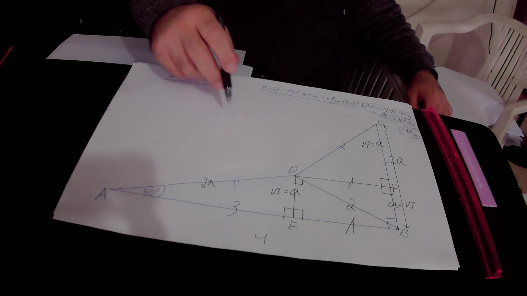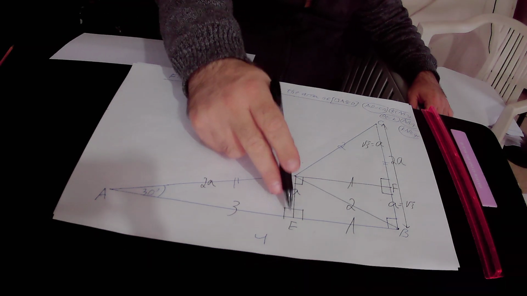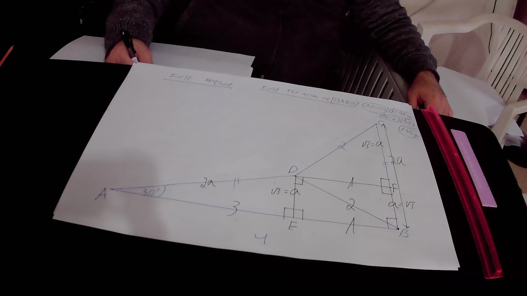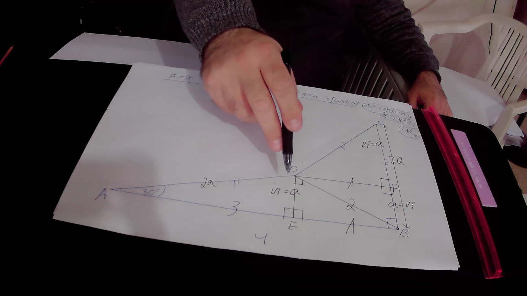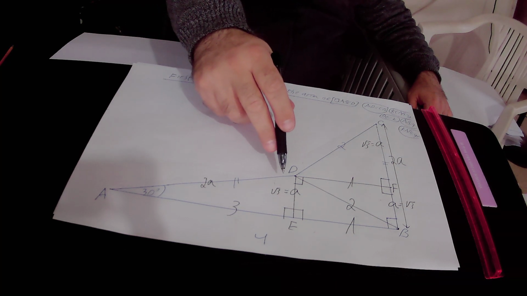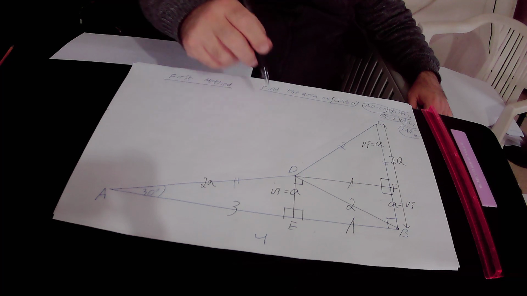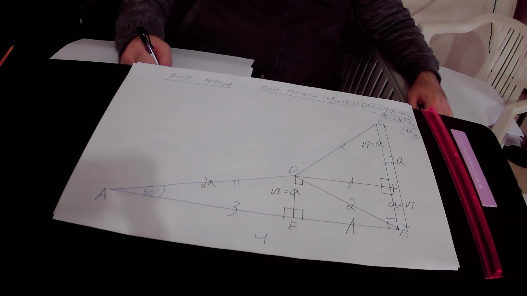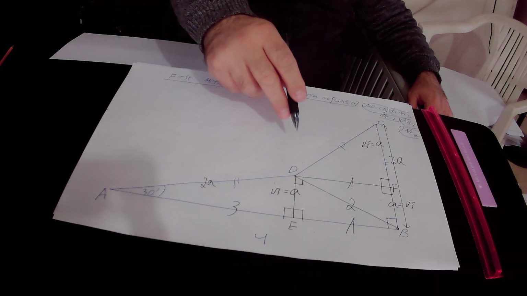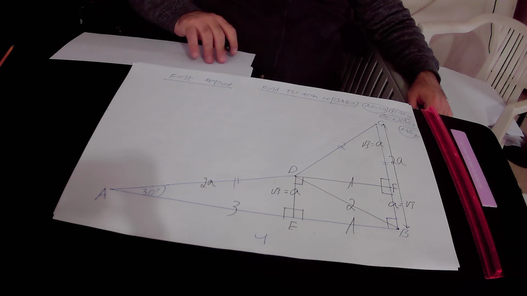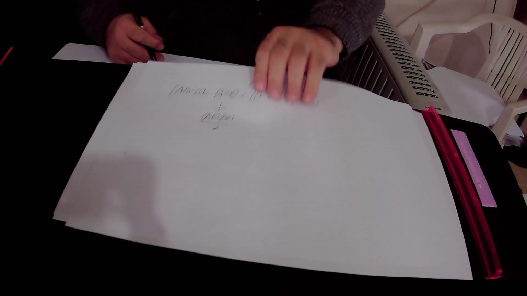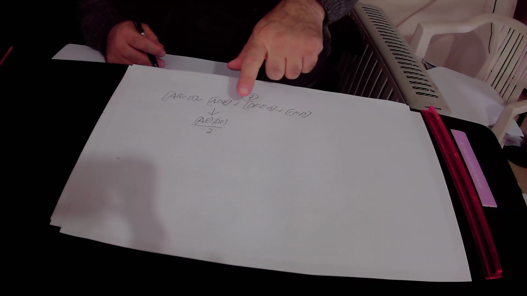The area of triangle ADE equals to AE, that is the base, times DE, that is the height, over 2. I'll repeat again. The area of the right triangle ADE equals to AE times DE over 2.